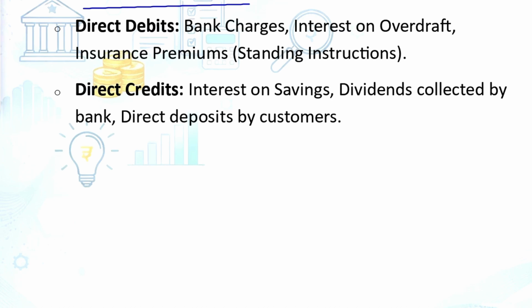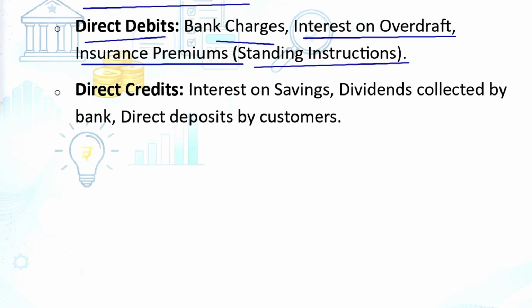Suppose from the debit side, what are the possibilities? The bank will debit charges, it will charge interest at month end, and some insurance premiums and some standing instructions. Apart from this, any NACH mandates, all these will be debited.